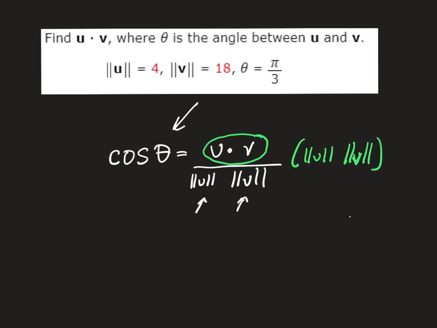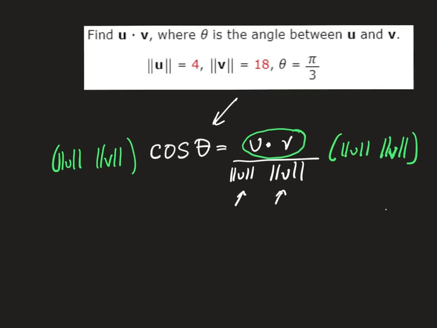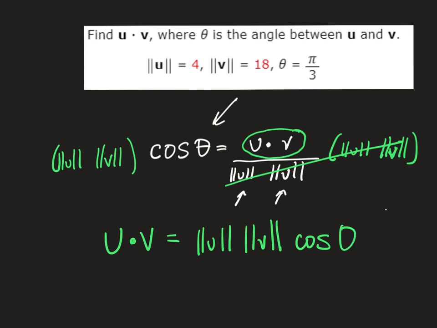What I do to one side, I multiply to the other, the magnitude of u times the magnitude of v, and that'll give me my dot product. So these two cancel out, and I'm left with the dot product, u dot v, that one value, is going to be the magnitude of u times the magnitude of v times the cosine of theta.